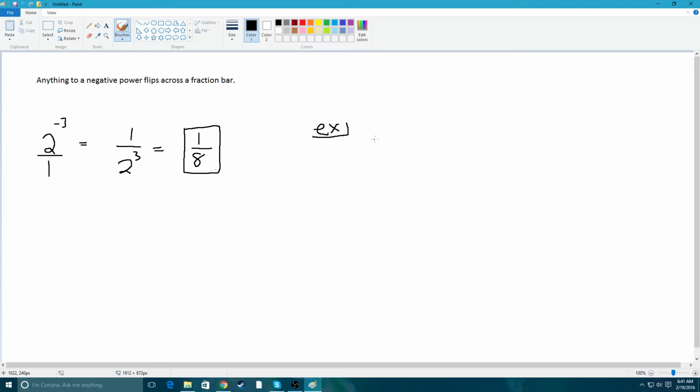Another example of this would be like 2 to the second over 3 to the negative 2 power. 2 to the second is a positive exponent, so it stays on top. So this is 2 to the second.